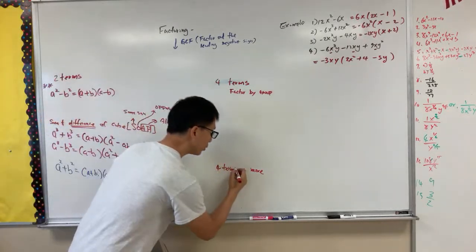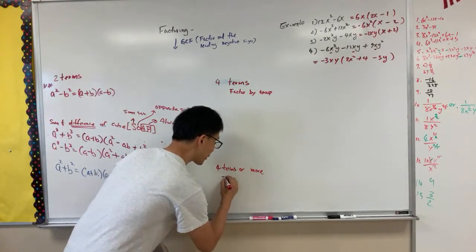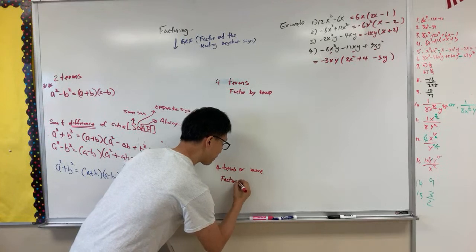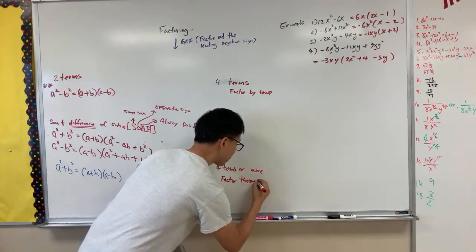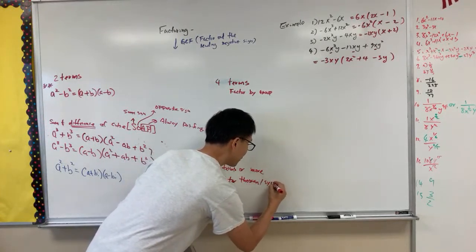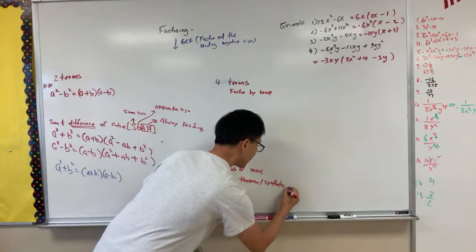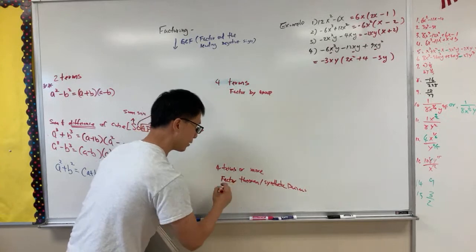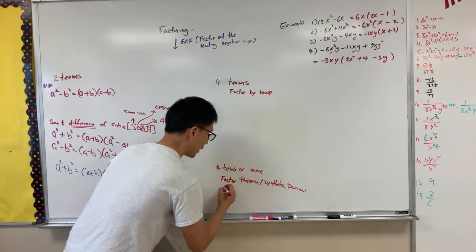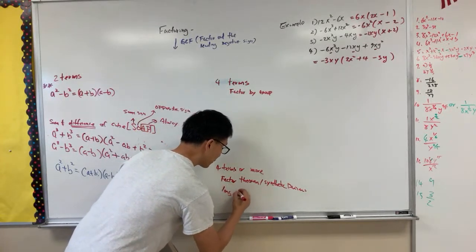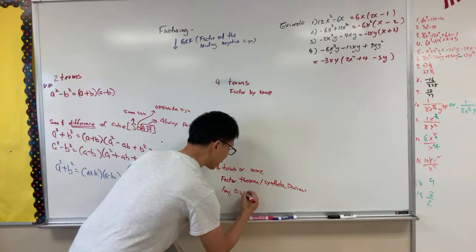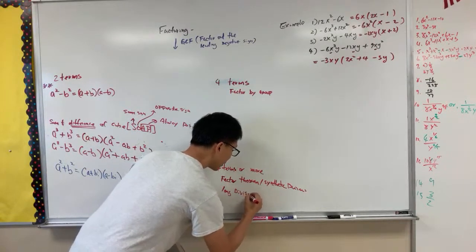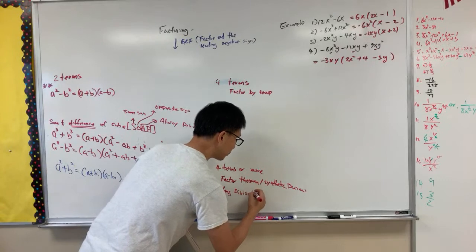With 4 terms or more, sometimes you might use something called the factor theorem, synthetic division, long division, and the remainder theorem.